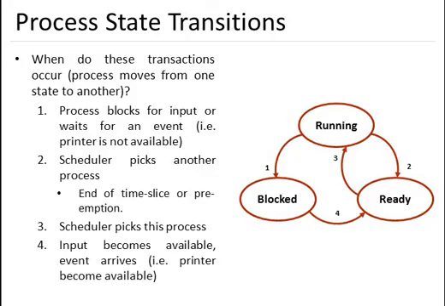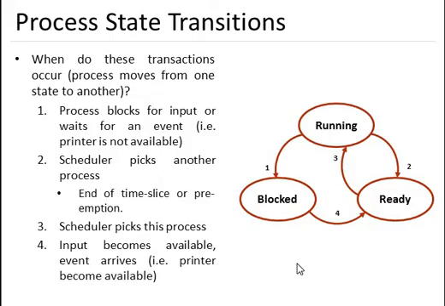Okay, transition 4, which is from blocked state to ready state. Once a process which was waiting for a particular resource finds it available, the process transfers its state from blocked to ready state. And just keep in mind, never ever can a process be transferred from blocked directly to running.